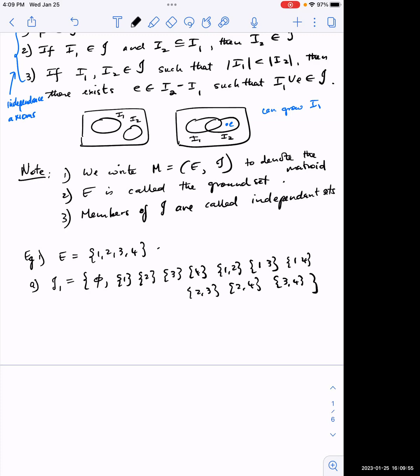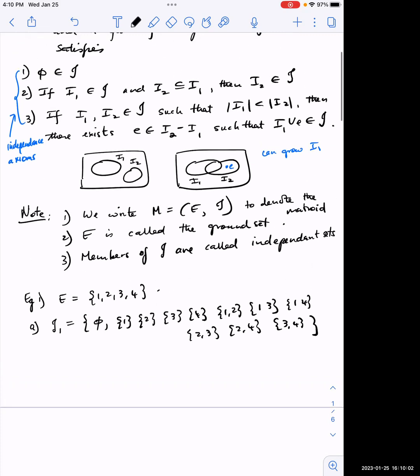Okay. So would this satisfy the axioms? First one is satisfied, right? Second one is also satisfied. I won't put you on the spot and make you all answer questions.